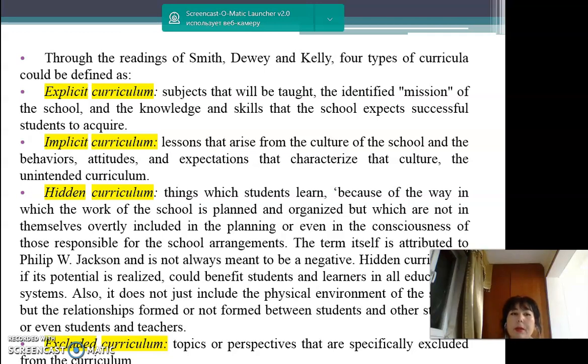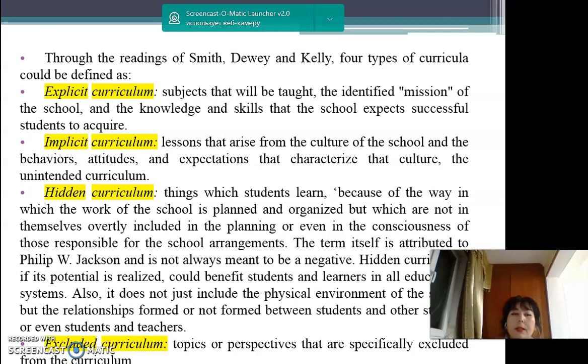Hidden curriculum, if its potential is realized, could benefit students and learners in all educational systems. Also, it does not just include the physical environment of the school, but the relationship formed or not formed between students and other students, or even students and teachers.